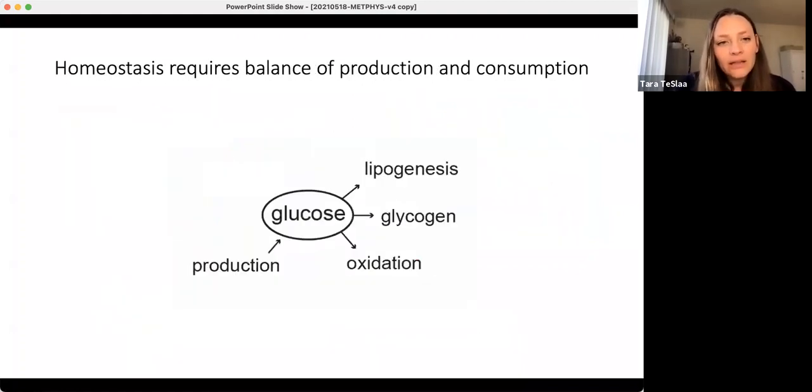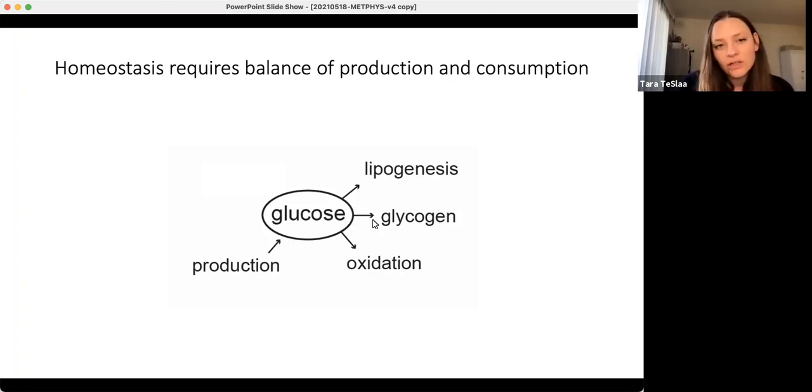To balance glucose homeostasis, you need to balance production and consumption of glucose. In the fasted state, glucose is produced by gluconeogenesis and glycogen breakdown, and then it can be consumed by three major routes. One is through catabolism of glucose, so glycolysis and eventual oxidation in the TCA cycle, and storage.